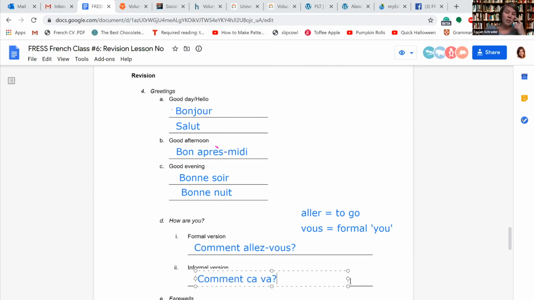Or sometimes it's shortened even more to just say ça va. You will hear people just say ça va more often than they say comment ça va, because it takes too long, basically. So ça va, comment ça va is the informal way of saying it. And then you have comment allez-vous, the formal way to ask someone how they are.